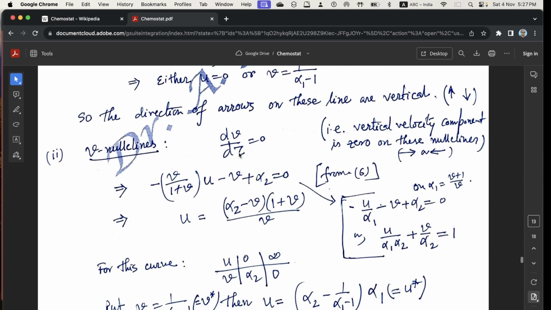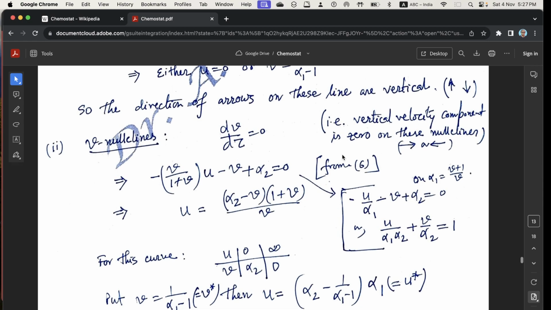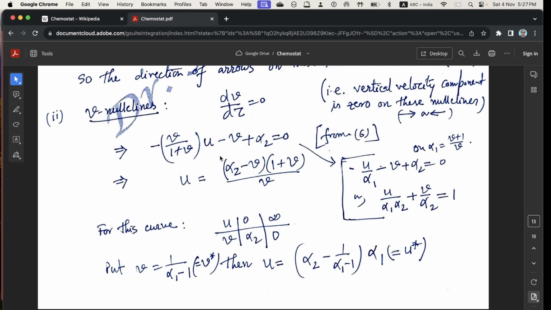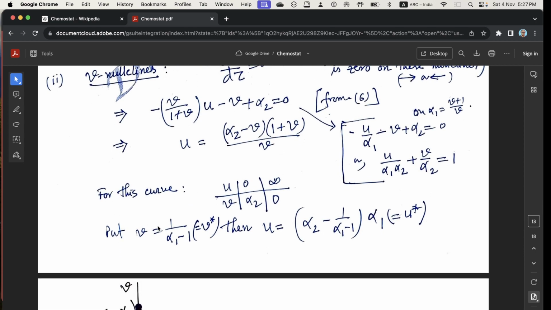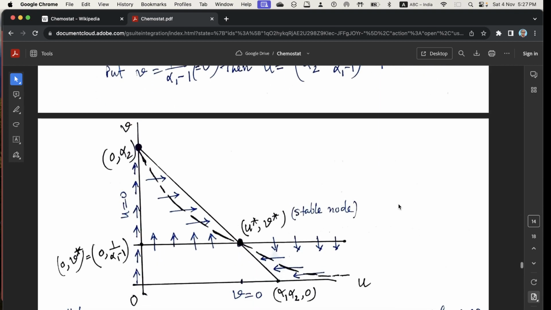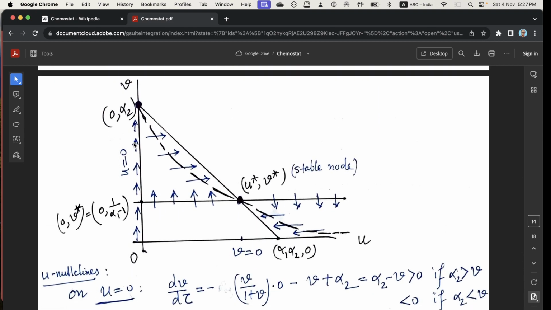And for the v nullcline, dv d tau equal to 0, that is, the vertical velocity component is 0 on these nullclines. So for dv d tau equal to 0, we get u equal to this quantity. And for this curve, we put v equal to this, u equal to this, and we get the nullclines this.